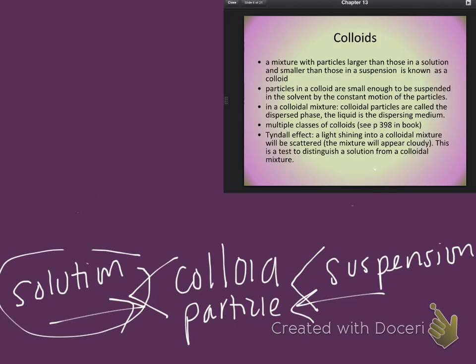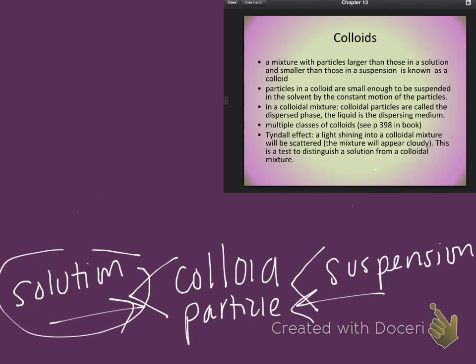So one neat feature of colloids, and the way to tell if what you're looking at is a colloidal suspension, is the Tyndall effect, or Tyndale, or Tyndall, I don't know how you say it. Anyway, if you shine a light through a colloidal suspension, it looks cloudy. So gravy is a colloidal suspension. Shine a light through gravy, it's cloudy. You have all, I can guarantee, walked around or driven around in a colloidal suspension. What is it?